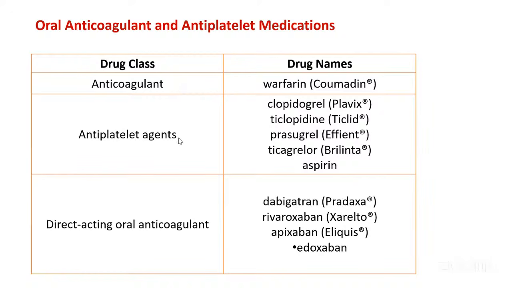We have the antiplatelet agents such as aspirin, which prevent platelet adhesion, platelet aggregation, secretion, etcetera. And the last one is the direct acting oral anticoagulants, which mainly block thrombin inhibitors or factor 10 inhibitors.